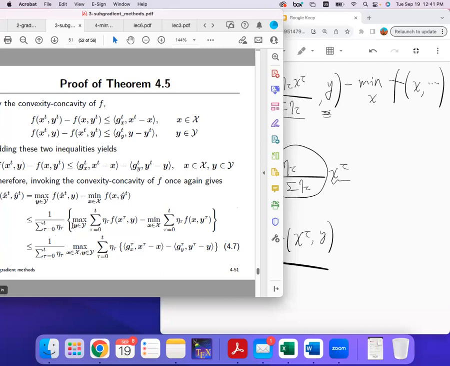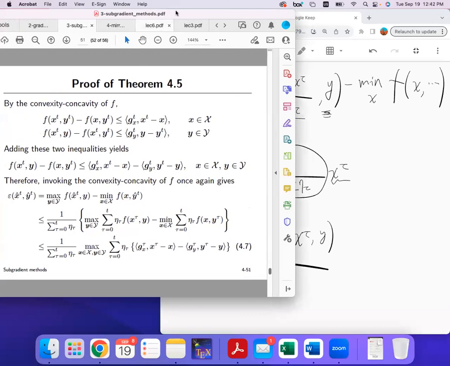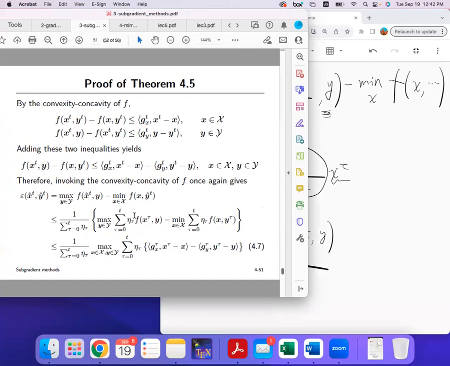By doing so, we end up with what? Now this is a common factor. We can pull it out, and inside we have these two differences. And then this is exactly what we have here.